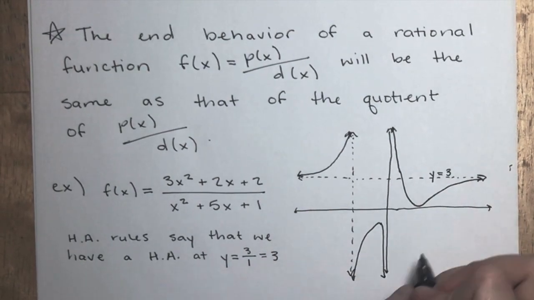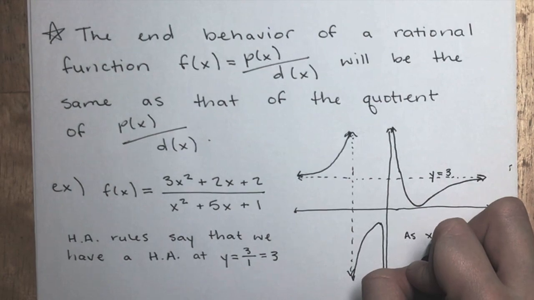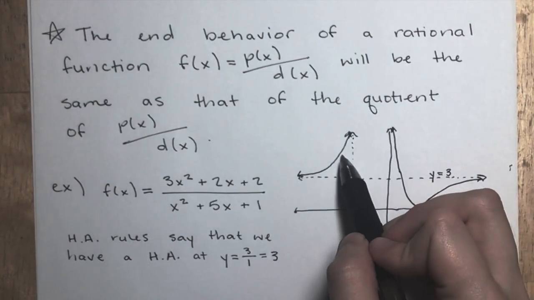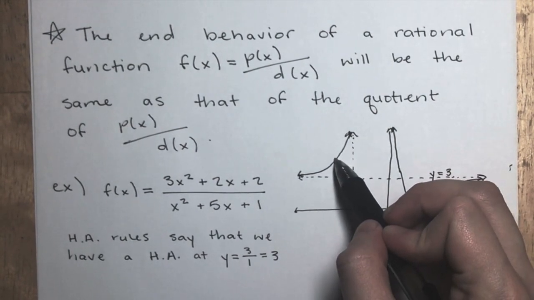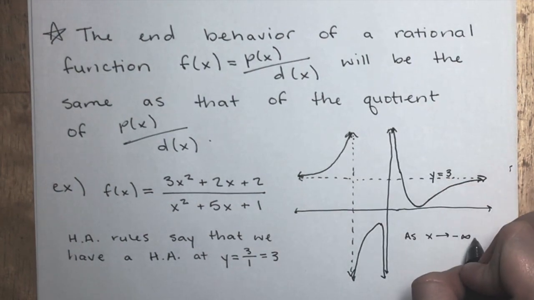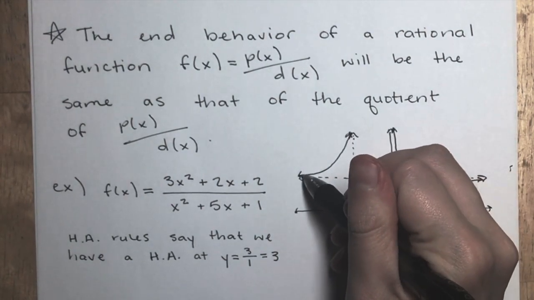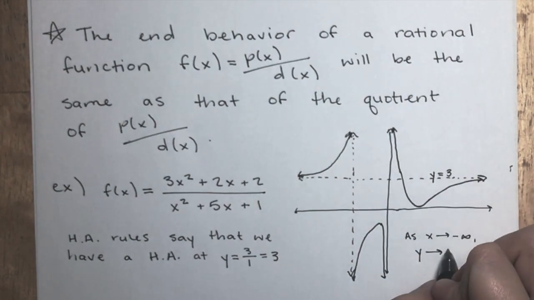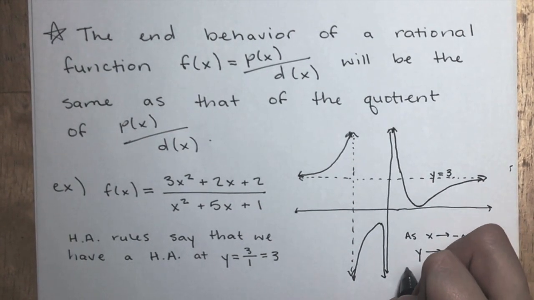As x approaches negative infinity, so as our x values are going off the graph to the left, y is approaching, what are we approaching? What is this line? It's 3. So as x approaches negative infinity, y approaches 3.